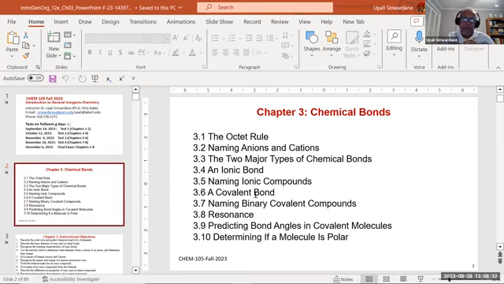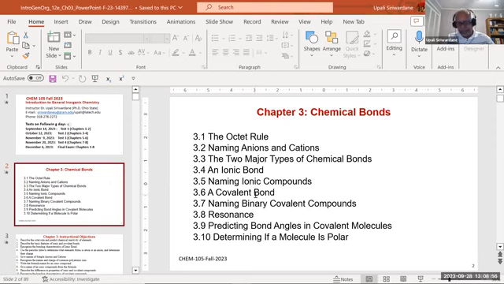We also went over predicting bond angles in covalent molecules. Covalent molecules have molecular structure. That means there's a definite arrangement of covalent bonds around the central atom of the molecule.